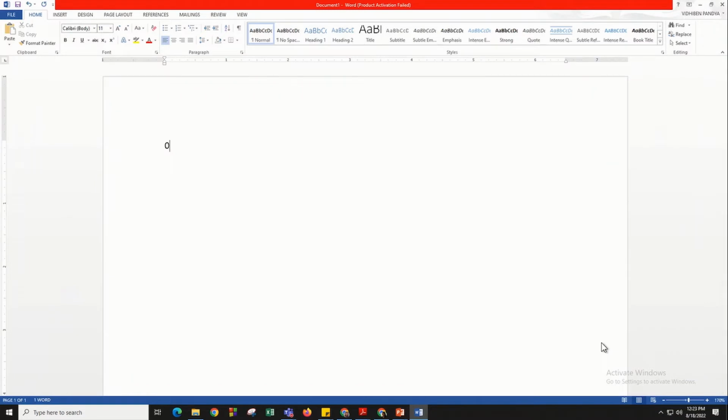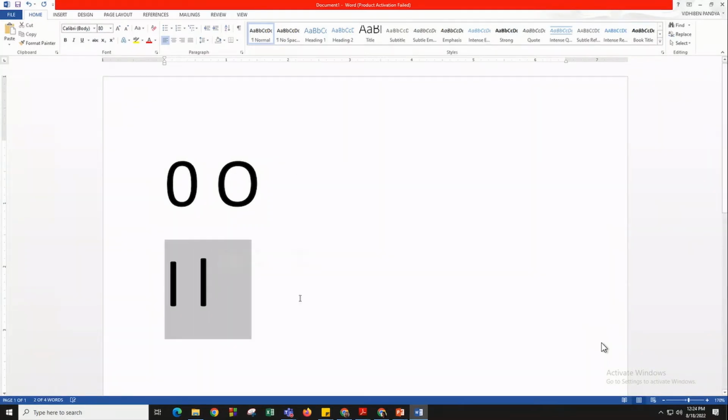So this is 0 and this is O, right? If we write capital O, it will look like this. It is very similar. Whenever we write I, this is capital I, and this is capital L, and this is small l, right? These two things also look alike.